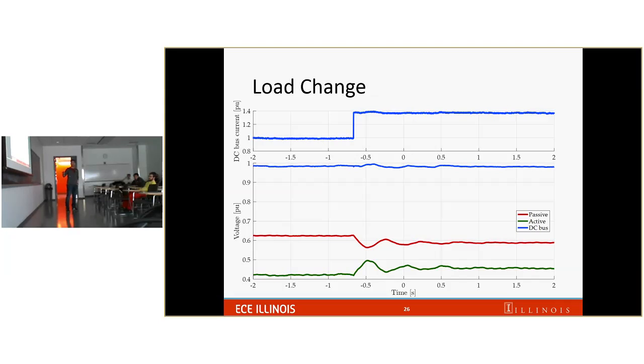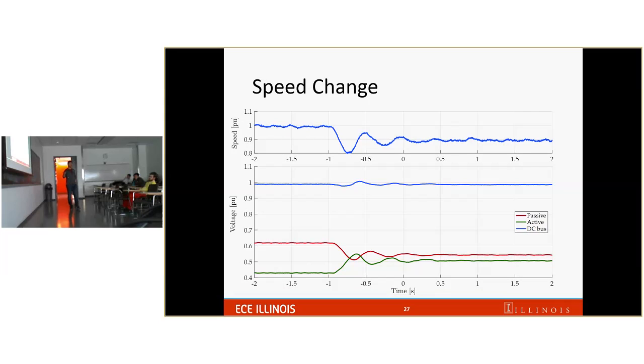So when the load changes, the voltage provided by the passive rectifier will decrease, and at that time, the active rectifier will take the lead and compensate for the drop in order to maintain a 1 per unit DC bus voltage. And we do a similar test when the speed of the generator is changing.